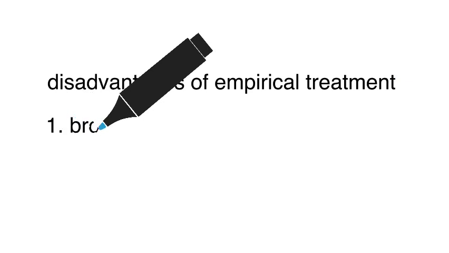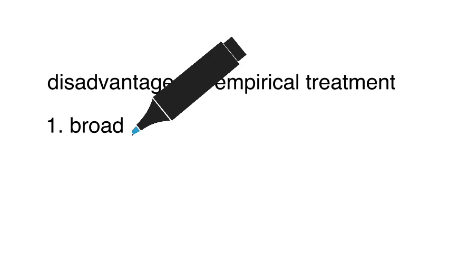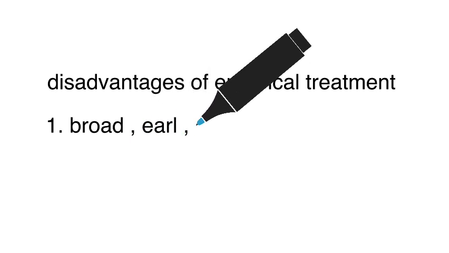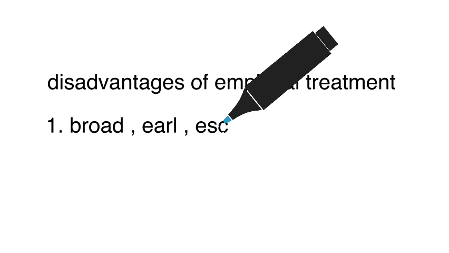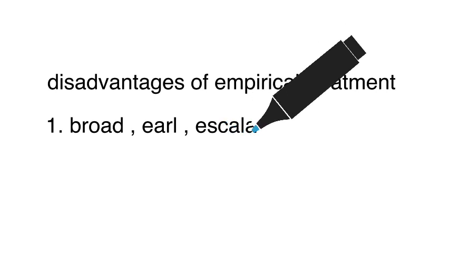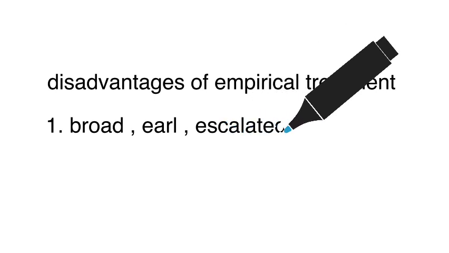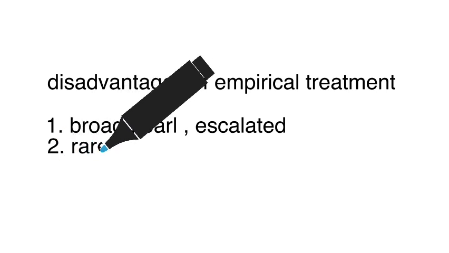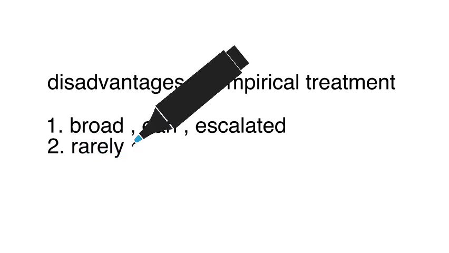It's acceptable in the early presentation, but we should always consider escalation of the treatment once the patient is improving and when the culture reports are available and the drug we are using is not the drug the patient needs.